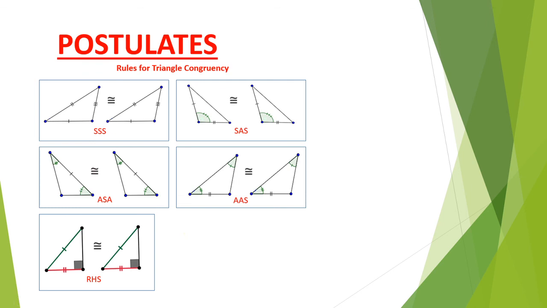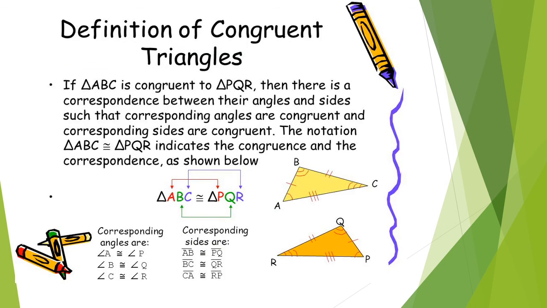These are the postulates we will use to prove theorems, and we will learn about them when we start our theorems. So these are all the basic definitions for congruent triangles. You all have to learn all these definitions. Okay, thank you.